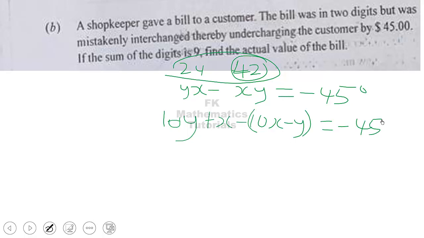So we have 9x minus 9y is equal to negative 45.